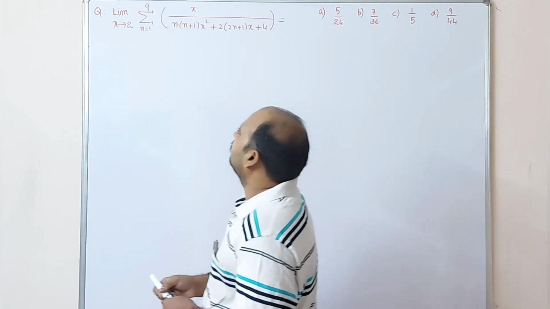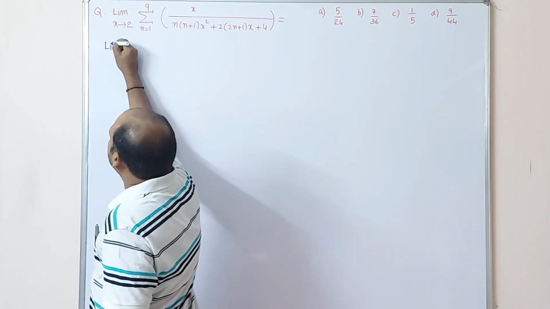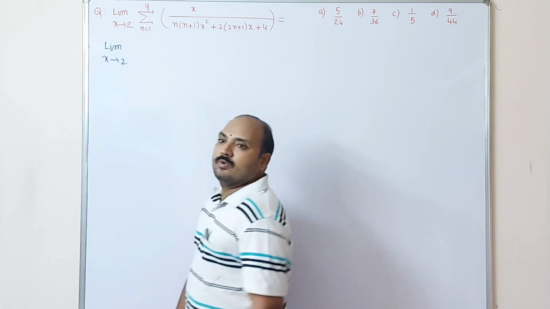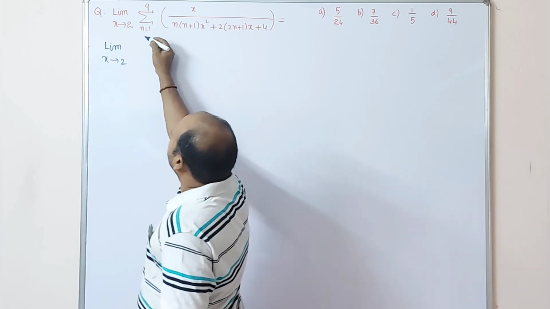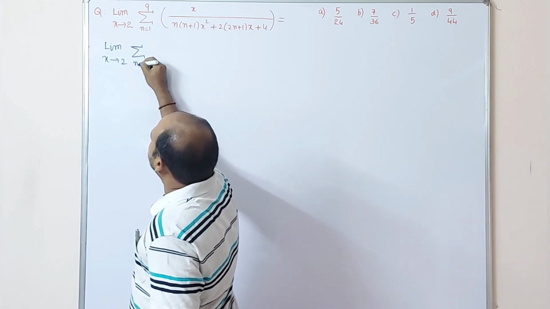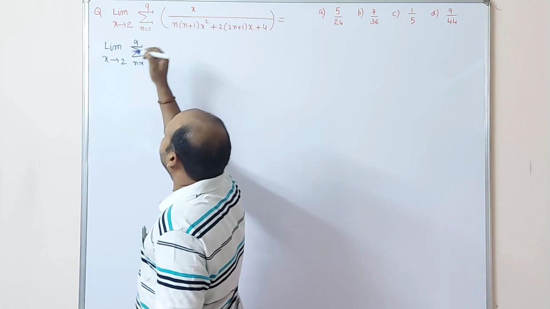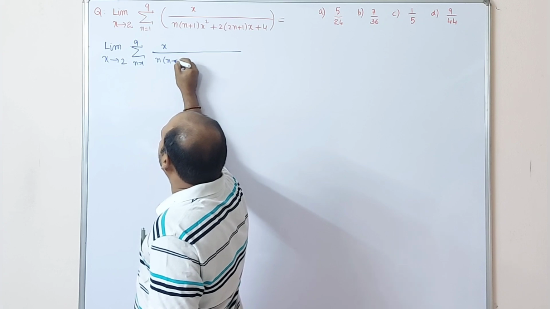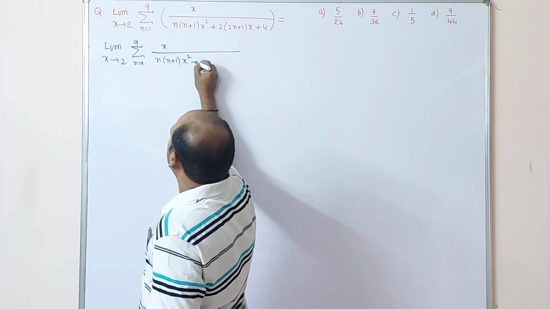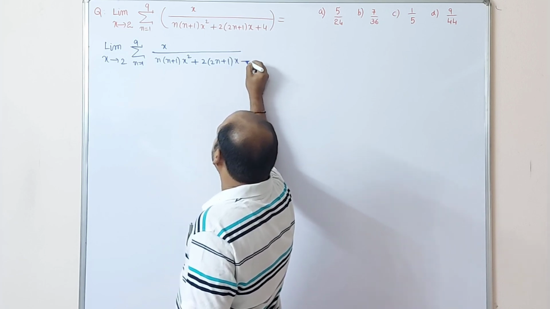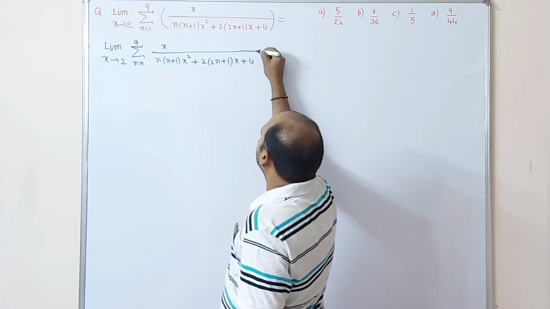So first, limit x tends to 2, sigma n is equal to 1 to 9, x by n into n plus 1 into x square plus 2 into 2n plus 1 into x plus 4.